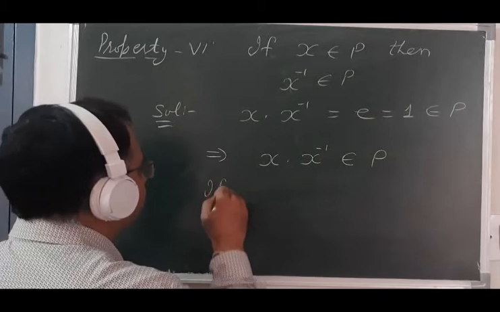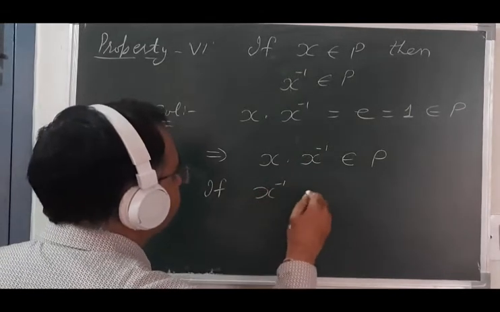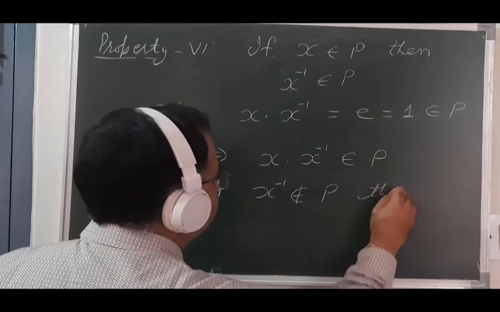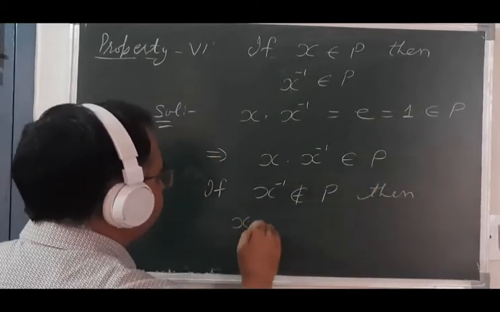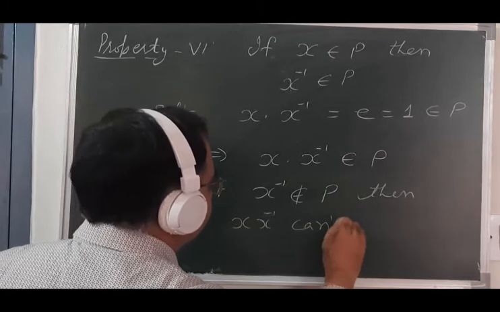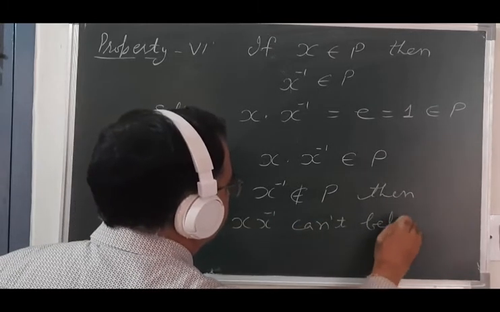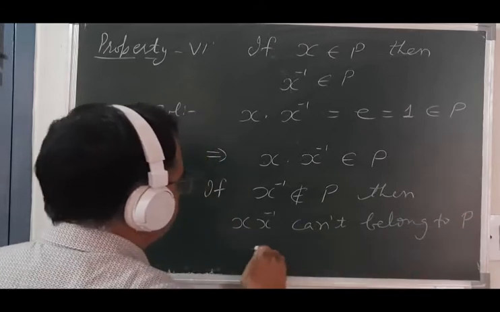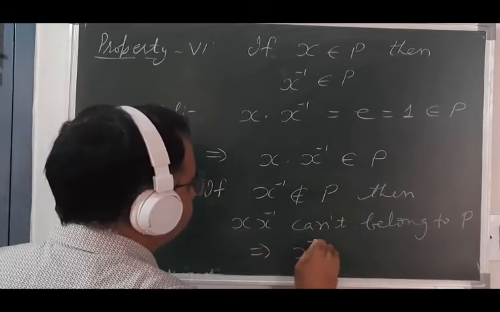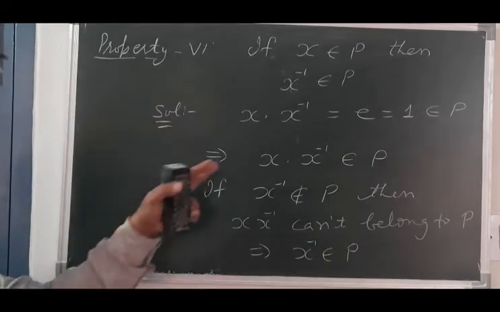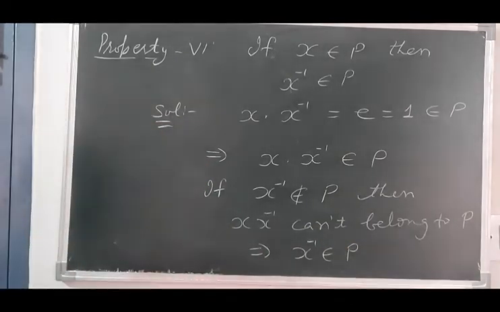So if x inverse doesn't belong to P, then x inverse cannot belong to P. Therefore, x inverse must be a positive number if x is a positive number.